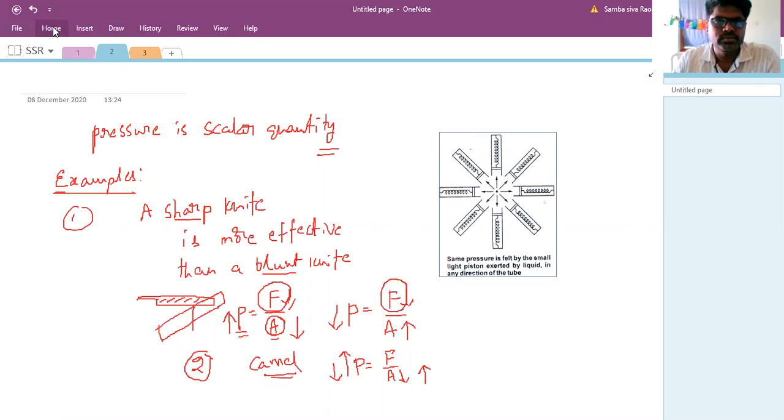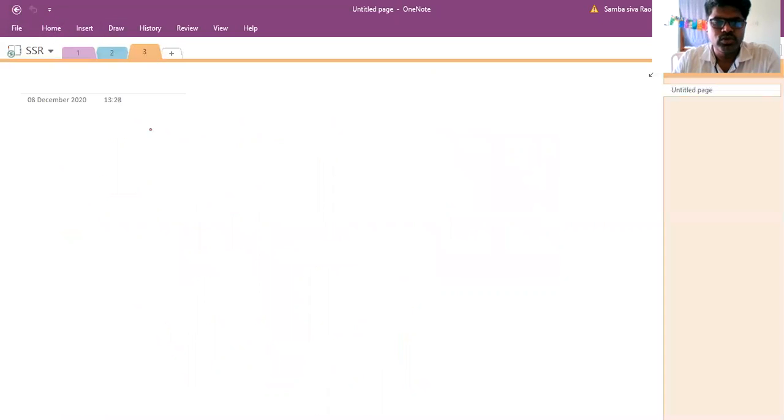We'll go to the next page so that you can start pressure of a fluid in a container.